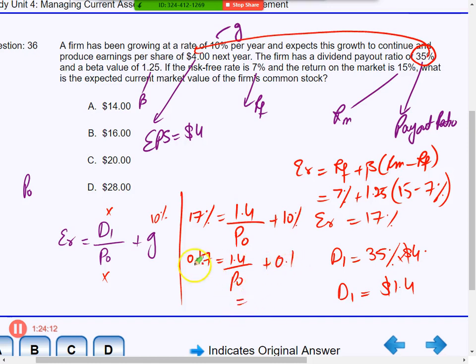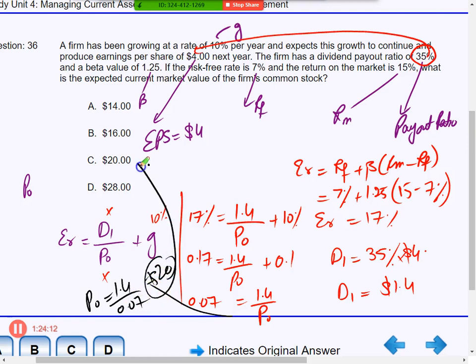Okay, so if you take 0.1 to this side, it will be 0.17 minus 0.1, simply 0.07. So 1.4 upon P naught. Making P naught the subject of this equation, P naught is equal to 1.4 upon 0.07. 1.4 divided by 0.07 gives you $20. It means the current share price of this company is going to be $20.